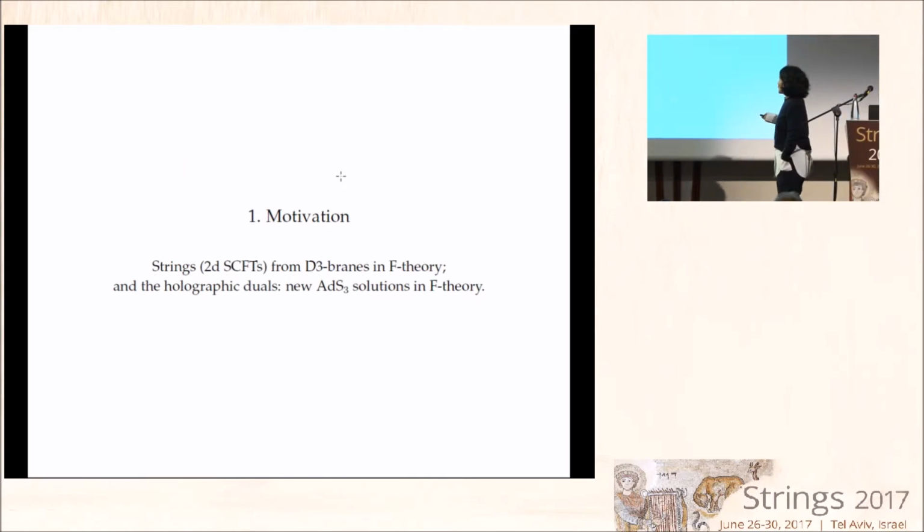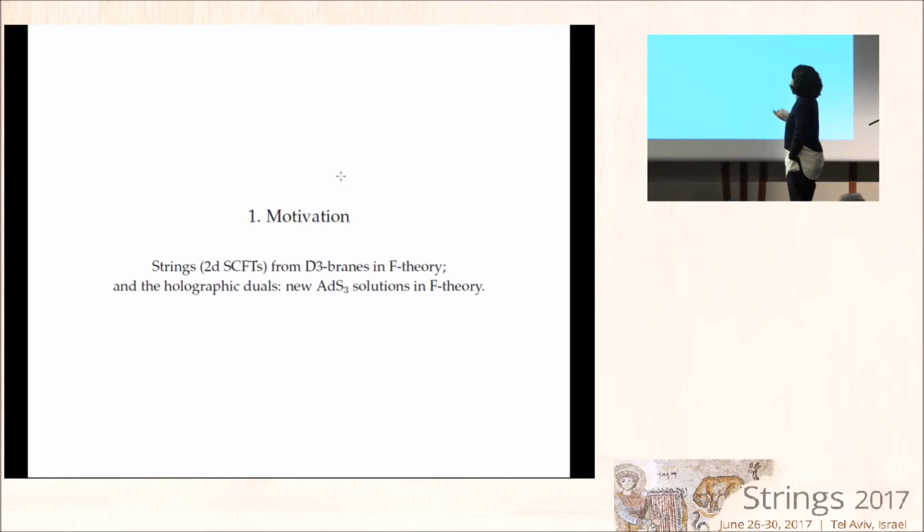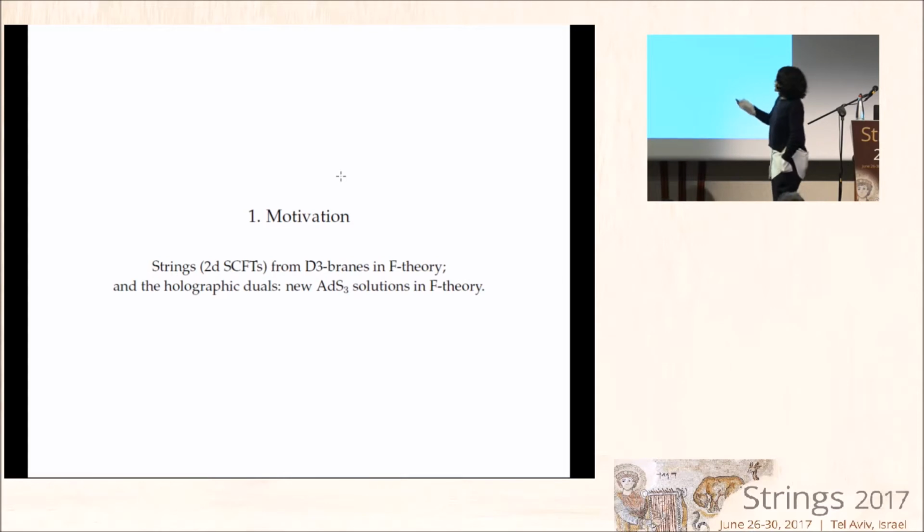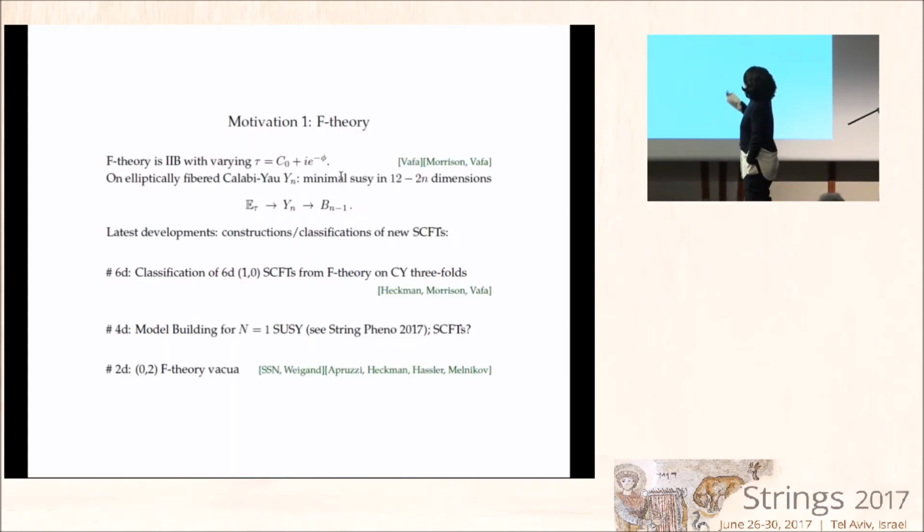Why would we care about strings coming from D3 branes in F-theory? So this is what I'll talk about, and their holographic AdS3 duals. First of all, it's a strings conference, as someone noted earlier, so we should care about strings. Now, as an F-theorist, actually, these are very natural objects to study. So let's first recap what F-theory is.